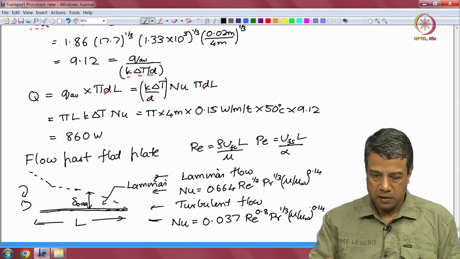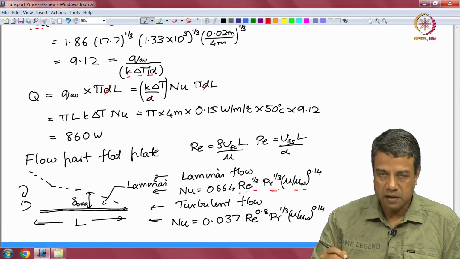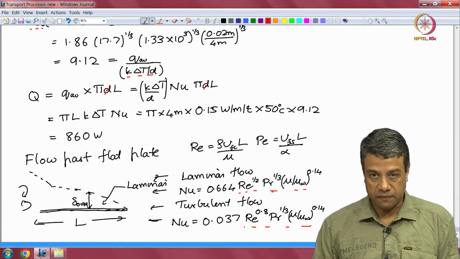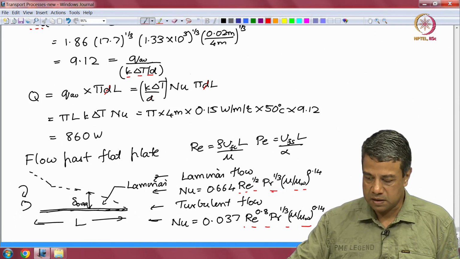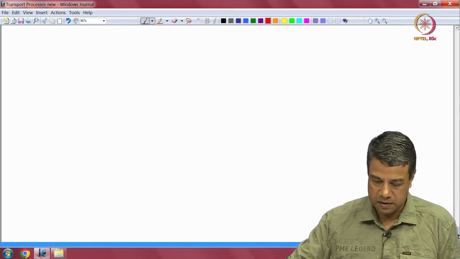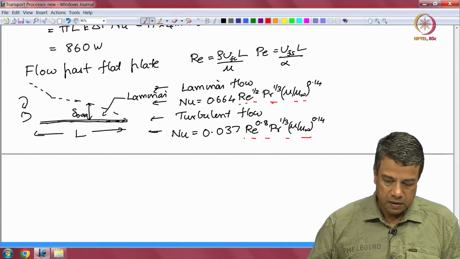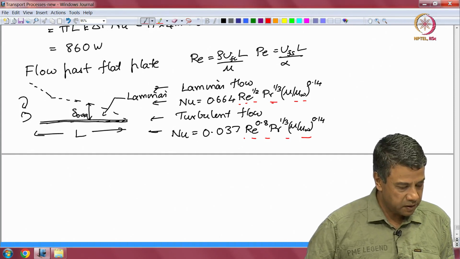You can see that the forms of these empirical correlations, the dependences here, are very similar, except that you have a Re power half in the case of a laminar correlation. So, other than that, the forms of the correlations are very similar. So, you have correlations for both laminar and turbulent flows.